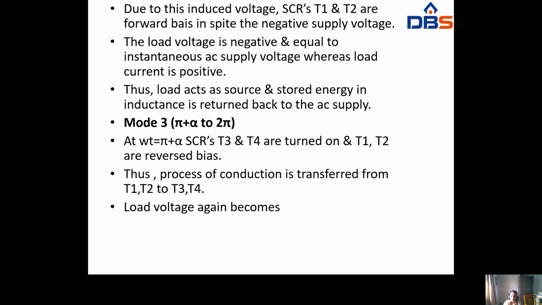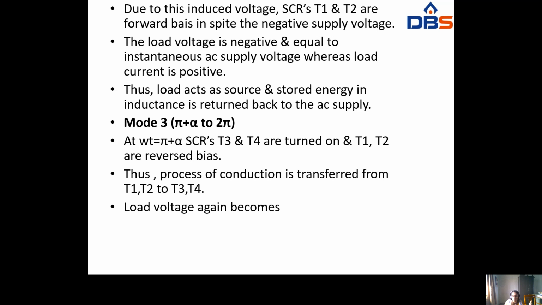Due to this induced voltage, SCRs T1 and T2 stay forward biased in spite of the negative supply voltage. The load voltage is negative and equal to the instantaneous AC supply voltage, whereas the load current is positive. Thus the load acts as a source, and the energy stored in the inductor is returned back to the AC supply.